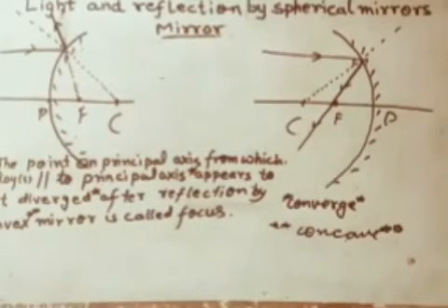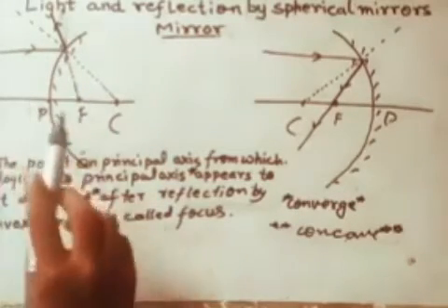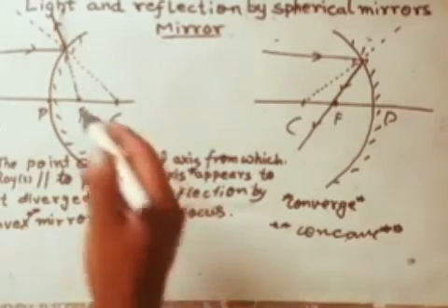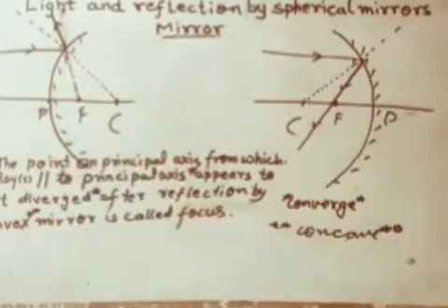Now we have pole, focus, and center of curvature, and now we can understand how these mirrors undergo reflection. I have told you that each time we draw a normal, we have to draw it from the center of curvature. Why is it so? I will tell the reason at the end of this video. It is totally a mathematical reason actually.